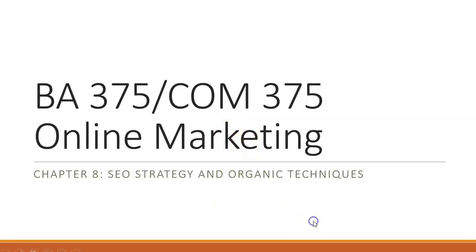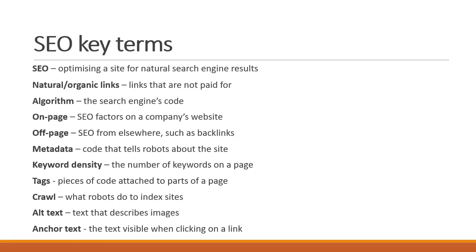So, in chapter 8, we are going to look much deeper into SEO strategy, or search engine optimization. Search engine optimization was introduced in our previous chapters, but now we're really going to dig down into what causes SEO to work and why, as online marketers, we want to use it.